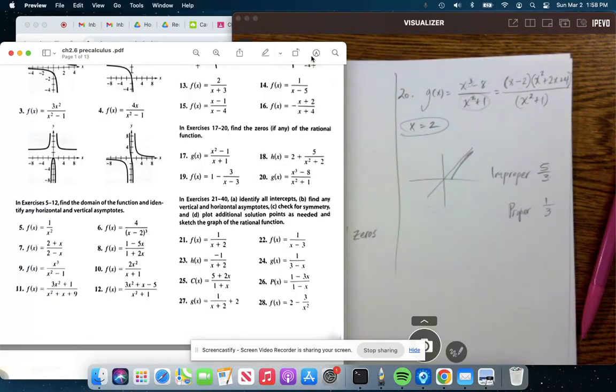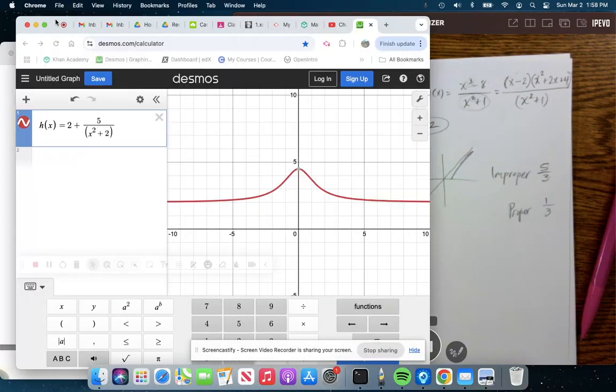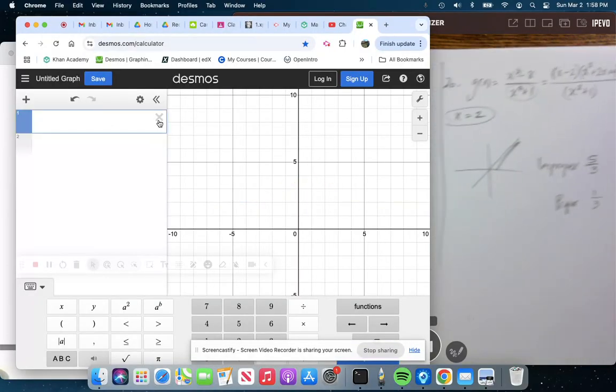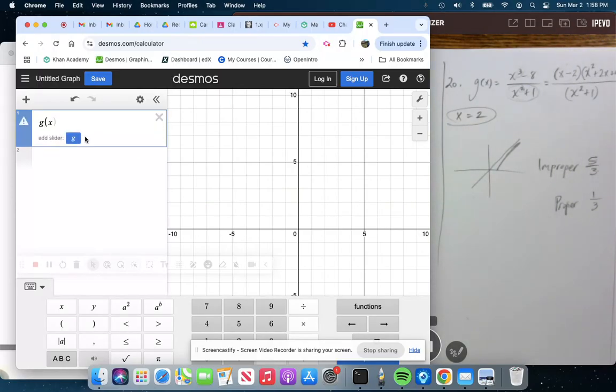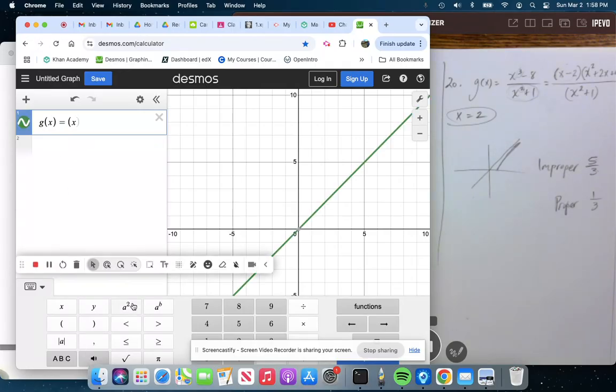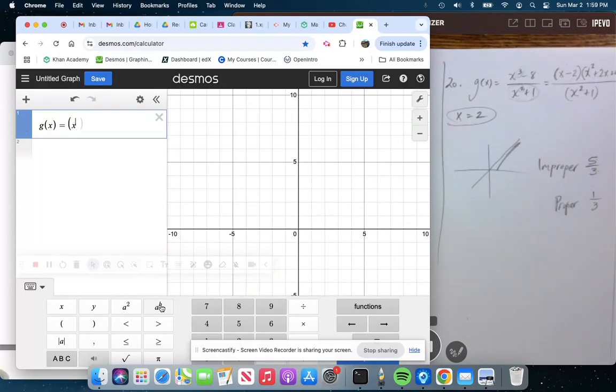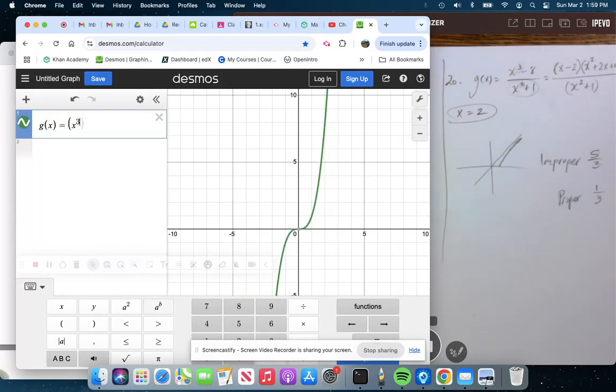So let's take a look at what this turns out to be. So I've got g of x equals parentheses x raised to the third minus 8.